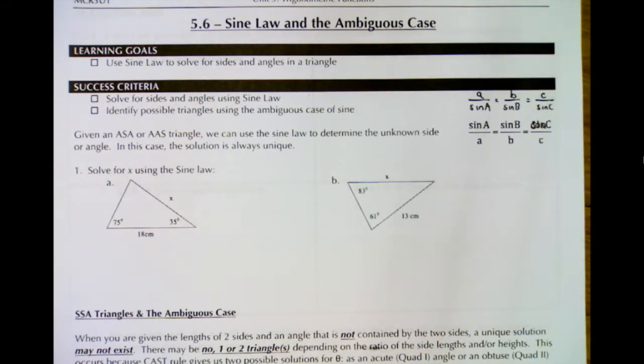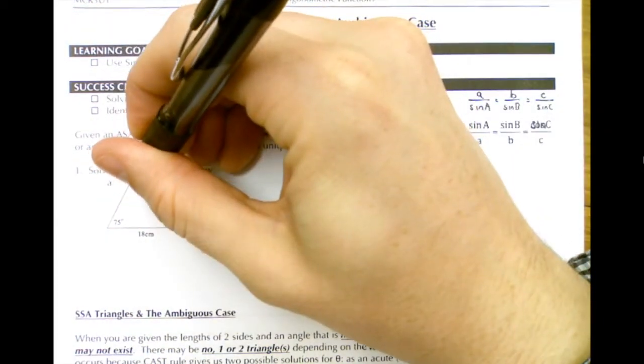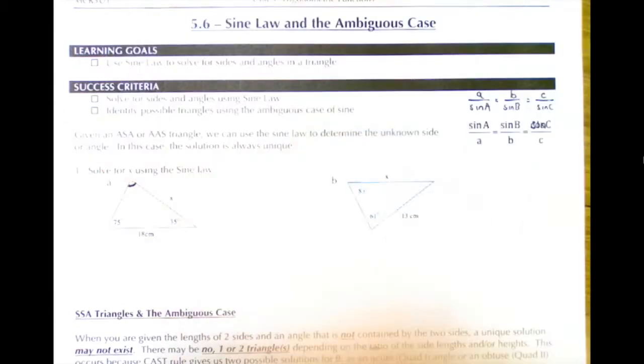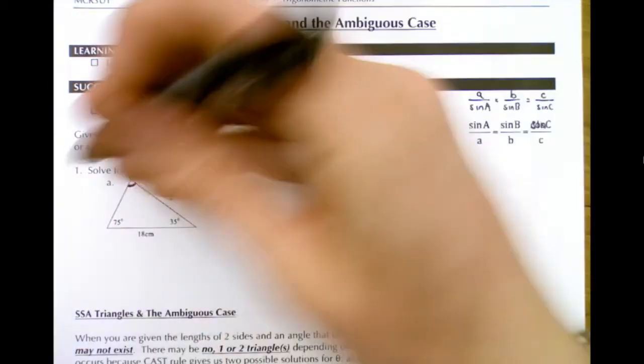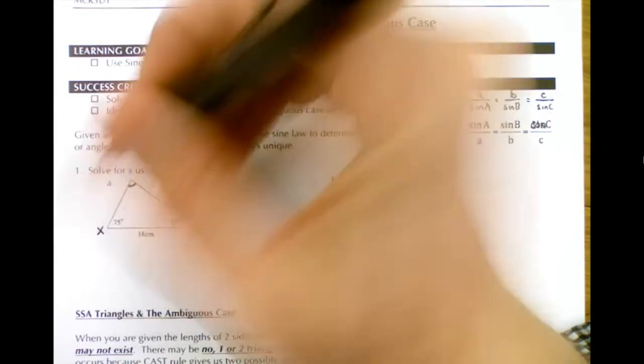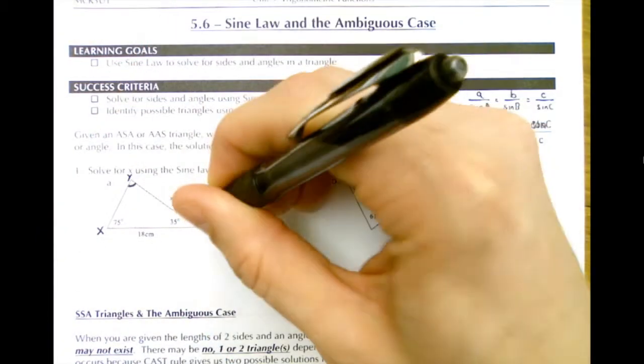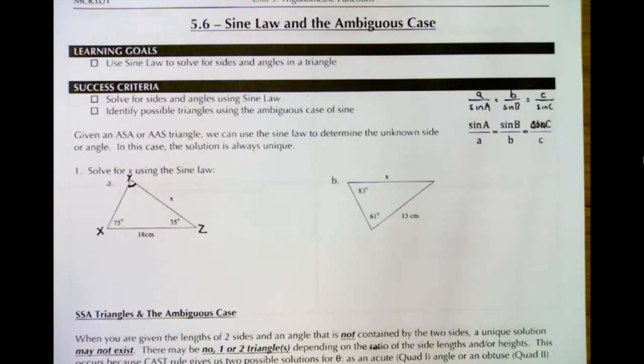Actually, we're going to do one example, and I'll get you to try the other one. Let's do example A. So as I said, you need a pair, and we don't have a pair, but I've kind of spoiled already that since we know two angles, we can find the third angle. I'm going to label this triangle. We've got an X here, so I'm going to call this triangle XYZ.